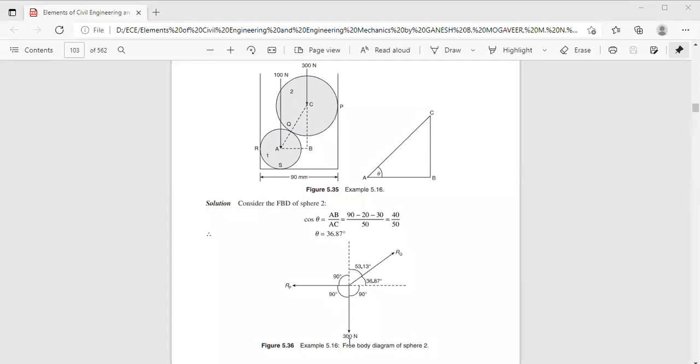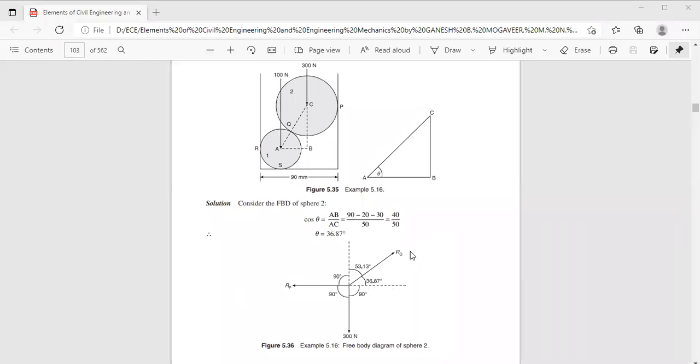So now we can apply Lami's theorem: 300 divided by sine of (90 plus 53.13), equals RQ divided by sine 90, equals RP divided by sine of (90 plus 36.87).